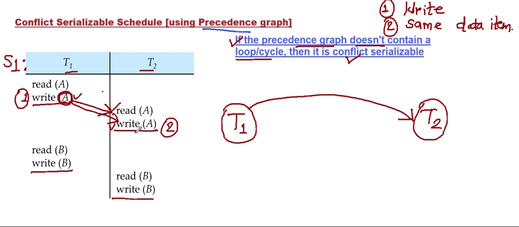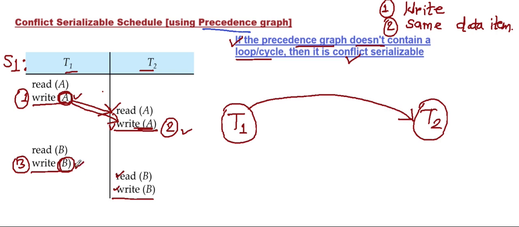For the second write, check for any other operation occurring after it in T1 on that variable. In T1 there is no operation on variable A, so no need to concentrate on the second write instruction. Now check the third write instruction. It is in T1 on variable B. Check whether, after it, any operation in T2 occurs on the same variable B. Yes, in T2 there are two operations on variable B, read and write.